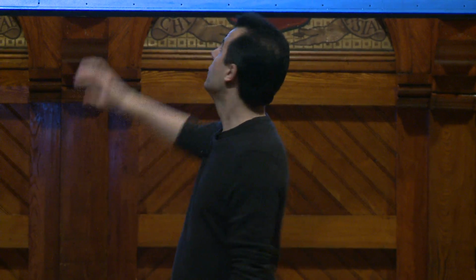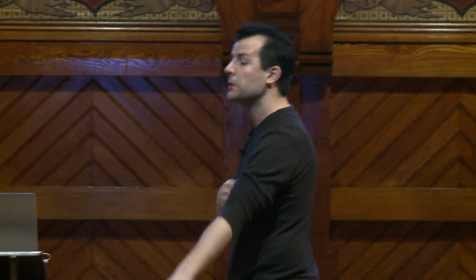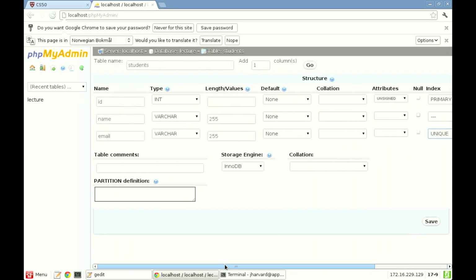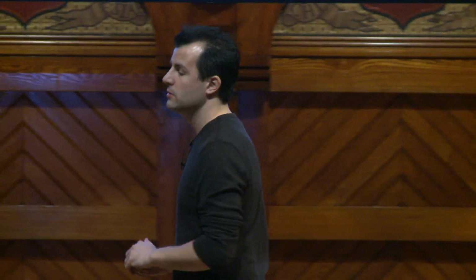Even if I'm an idiot and am not very good with my ifs and else ifs in actual PHP code, and I accidentally let the same user register with an existing email address, the database is yet another level of defense for correctness to ensure that that duplicate email address doesn't end up in the table. Now, by contrast, for name, probably don't want to make that unique, because then there could never be 2 Davids or 2 Mike Smiths, for instance, in your database. So that one we'll just leave alone.